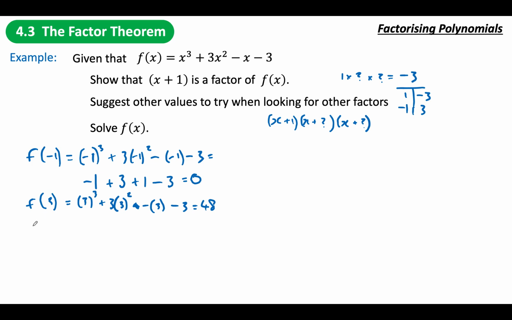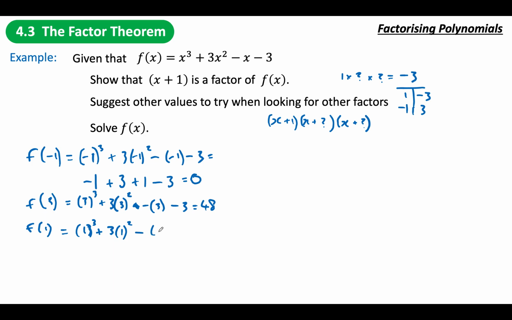Let's stick 1 into it and see what we get then. So +1 this time. So 1, oops, that should be a bracket. 1 cubed is 1, plus 3 lots of 1 squared. Well, 1 squared is 1, so that's 3. So I've got 1 plus 3.